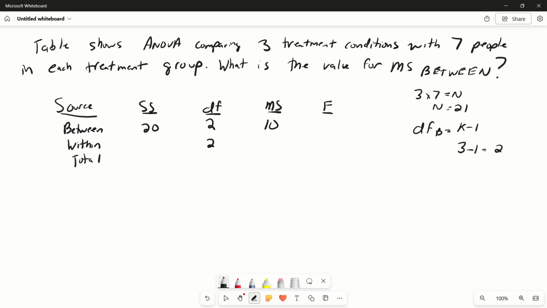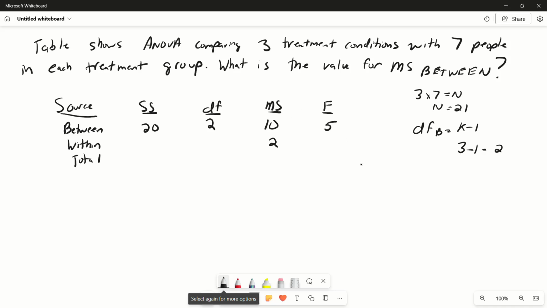Actually, the degrees of freedom within is not 2. I copied it wrong. The MS within is 2 instead. So that makes more sense. I was looking at it and I transcribed it incorrectly. So 10 divided by 2 for the mean squares gives me F. F is 5. But we still need sum of squares within. We know the degrees of freedom between is 2.